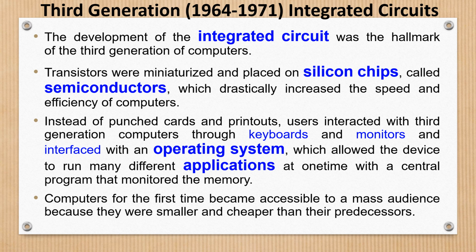So the computers were developed using integrated circuits, in which all the electrical devices like gates, transistors, registers are fused on a silicon chip, which is called a semiconductor. That drastically reduces the size of the computer and provides high speed, because each and every device is located on a single chip.